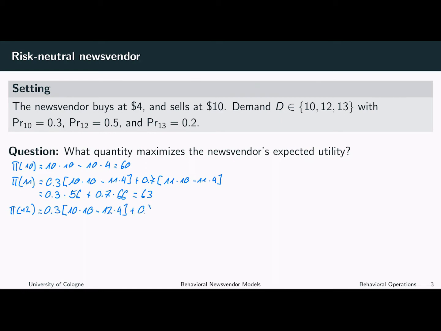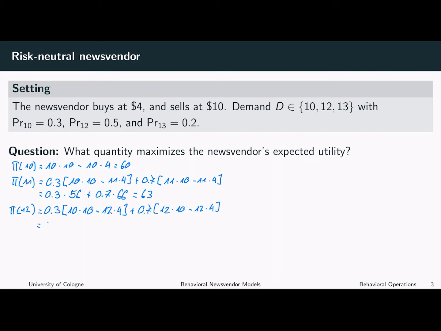With a probability of 0.7, the demand will be 12 or larger, meaning I will sell 12 units at a price of 10, and I have to pay a price of 4 for all these 12 units.